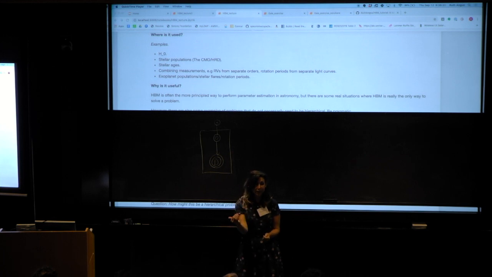And in learning the distribution of properties, you will improve the measurements you make of your object of interest. Did anyone want to share anything? A model that they think would be a perfect example of something that they could make hierarchical?